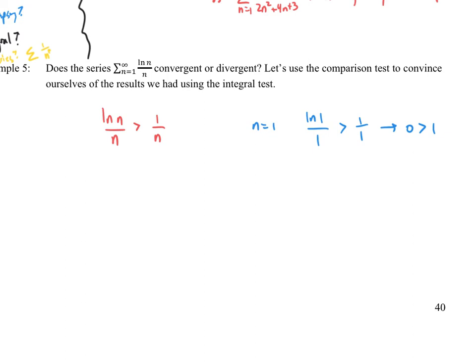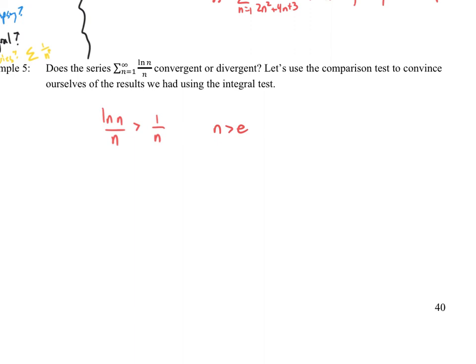The statement that we're making here is true as long as n is greater than e. Now, we really are looking at a series in the context of n going to infinity. So we don't really care necessarily if our comparison here is false earlier on. We care about what happens as n grows really large.